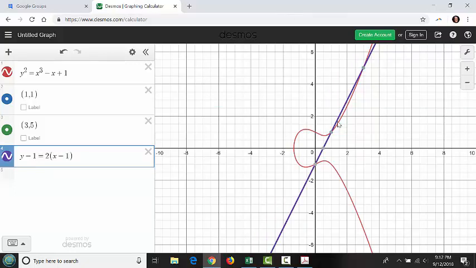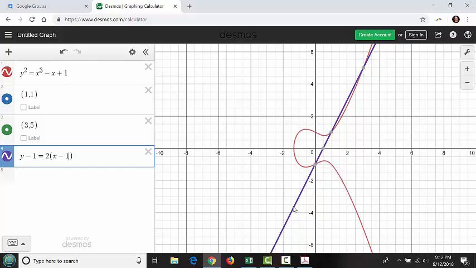You see that line goes straight through 1, 1, and 3, 5, and it intersects our curve in this third intersection point, which is the point 0, negative 1. So if we were looking at A star B, with this being A and this being B, A star B would be this third intersection point right here, 0, negative 1.